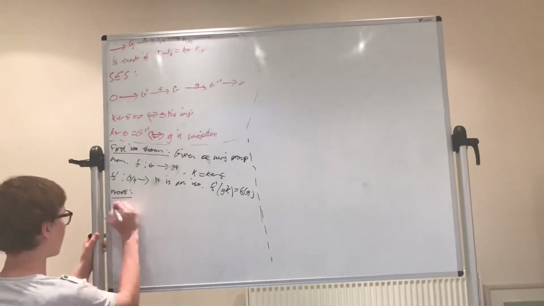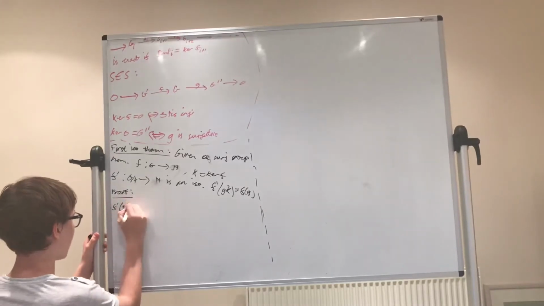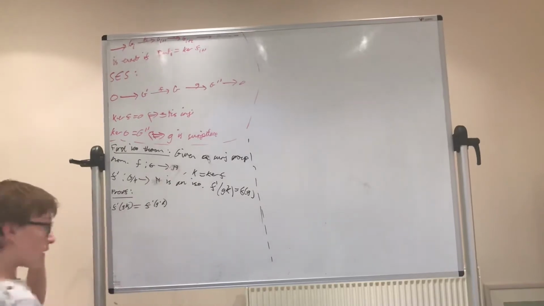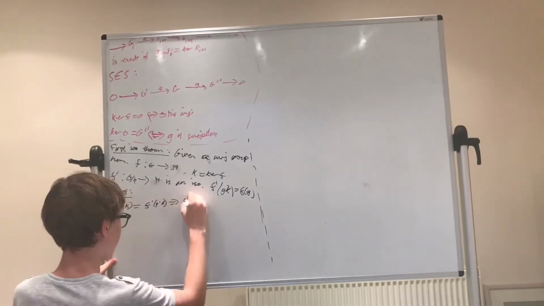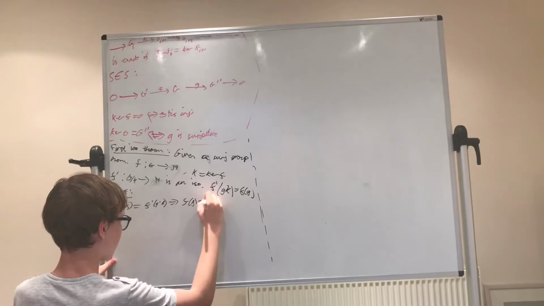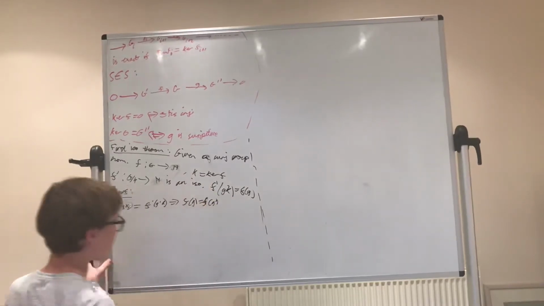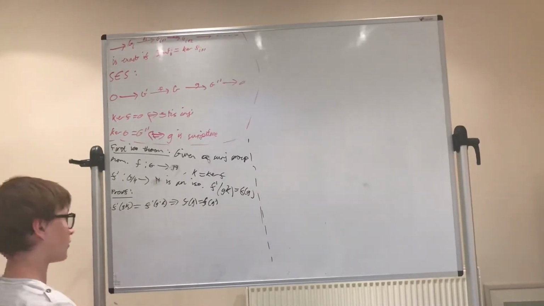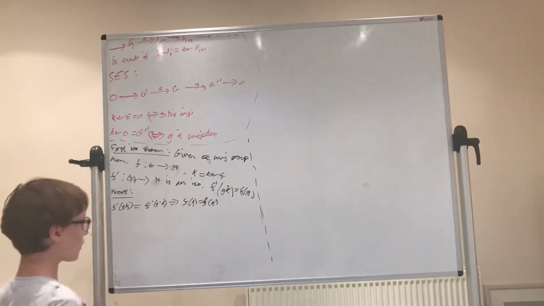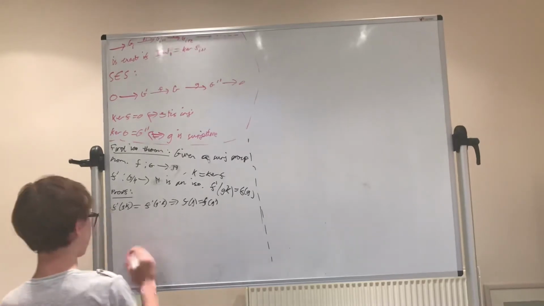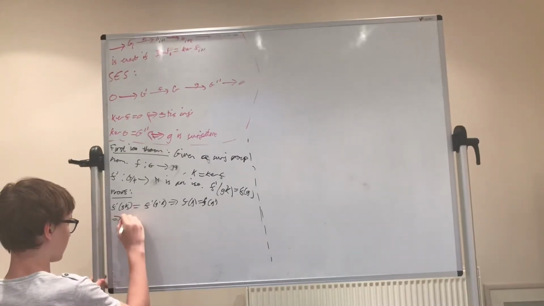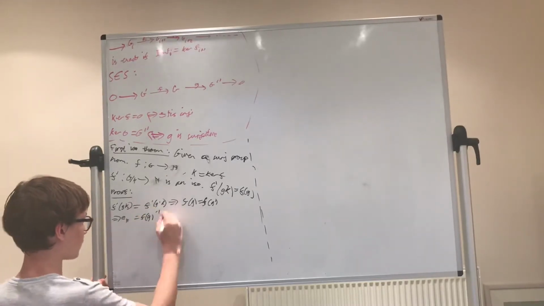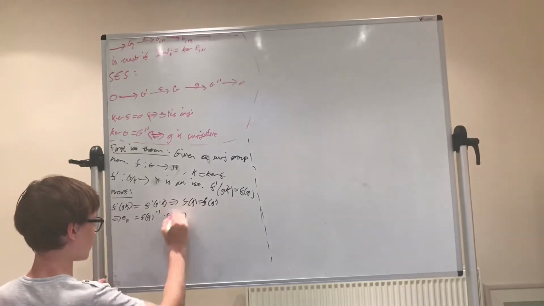So, to do this, we'll let f prime of gK equal f prime of g prime K. Now, what this implies is that f of g equals f of g prime, and to prove injectivity we have to prove g equals g prime. So this means that the identity on H is equal to f of g inverse times f of g prime.